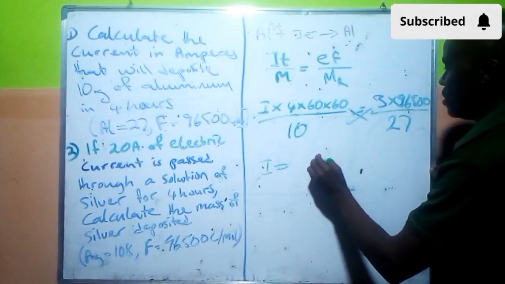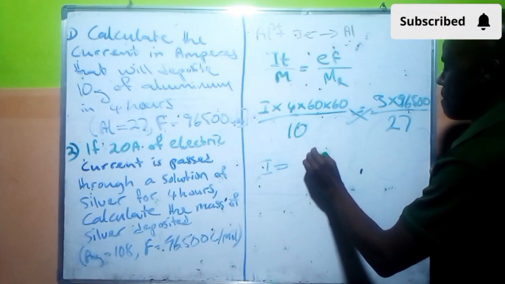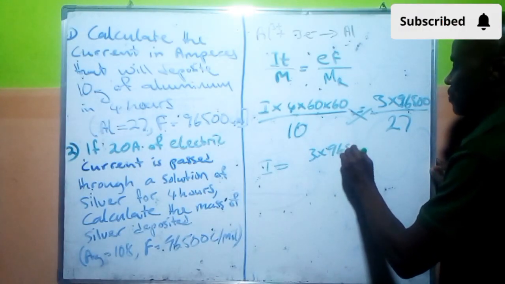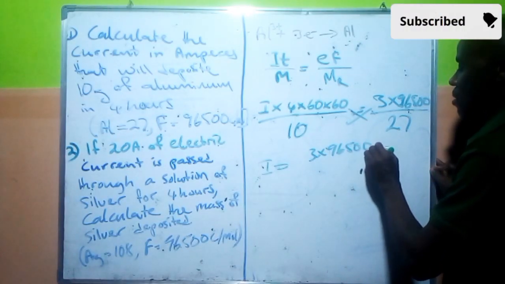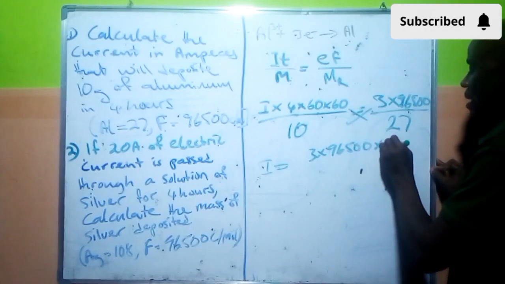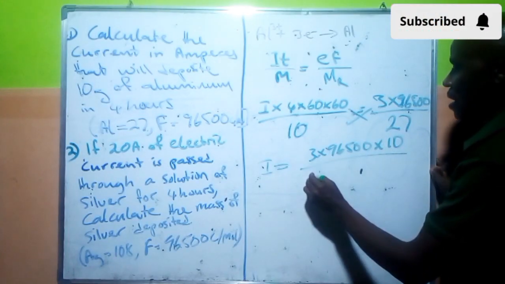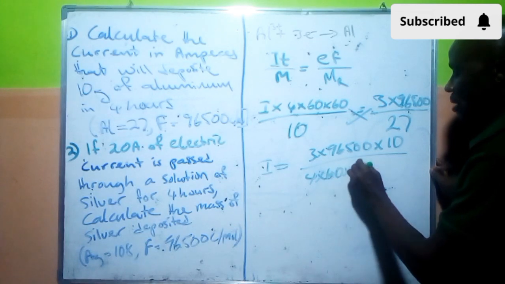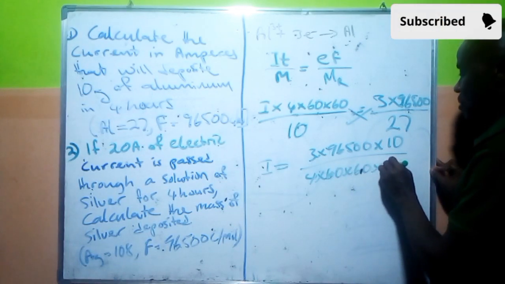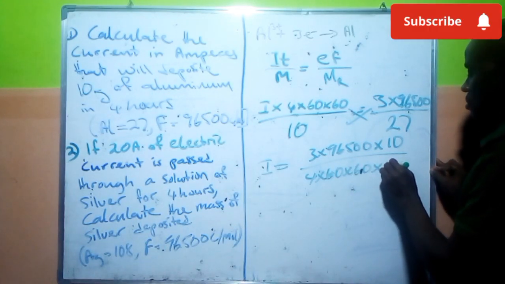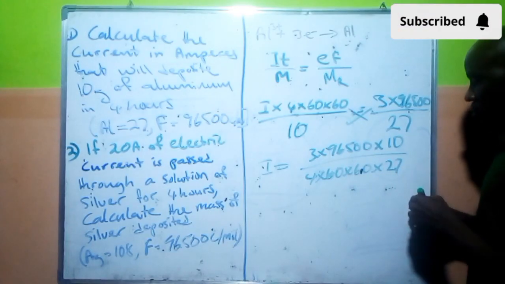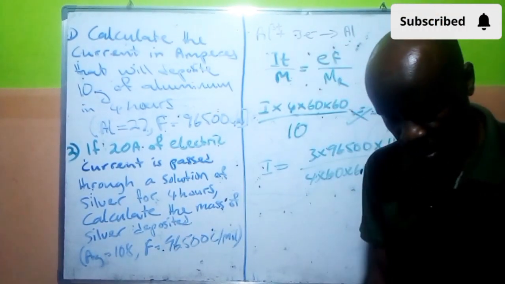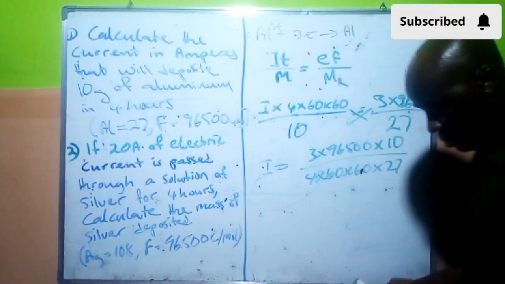It will be 3 times 96500 multiplied by 10, all over 4 times 60 times 60 times 27.